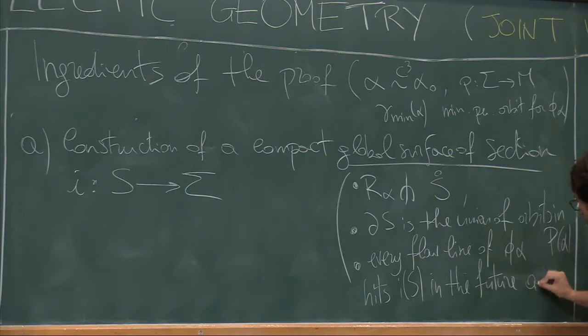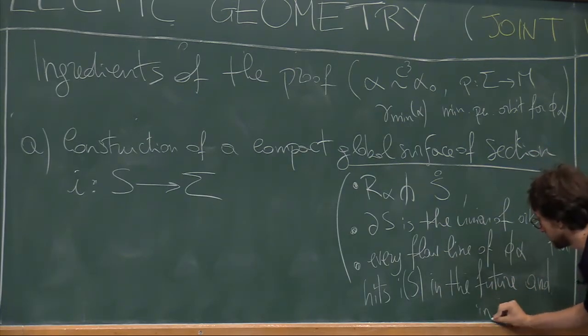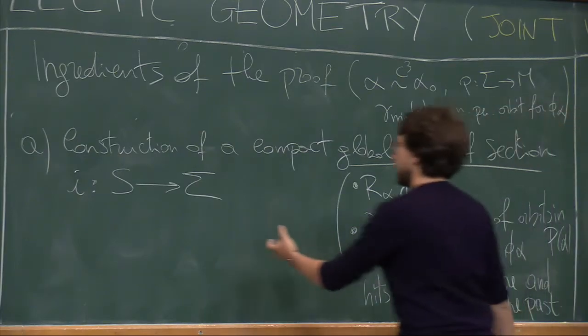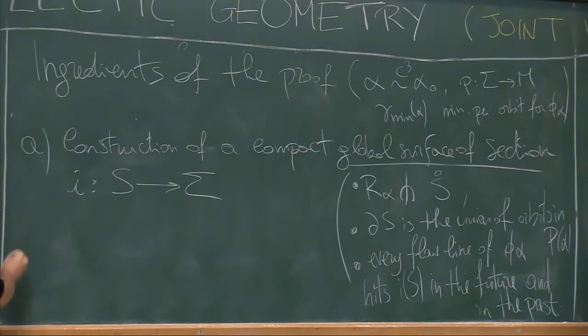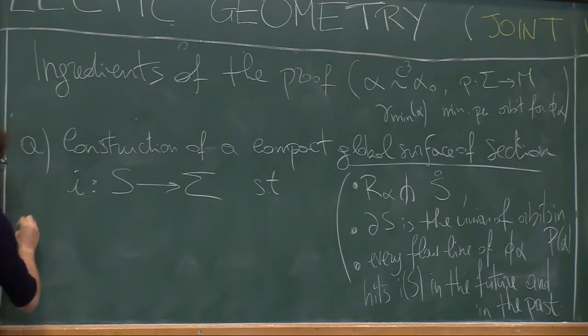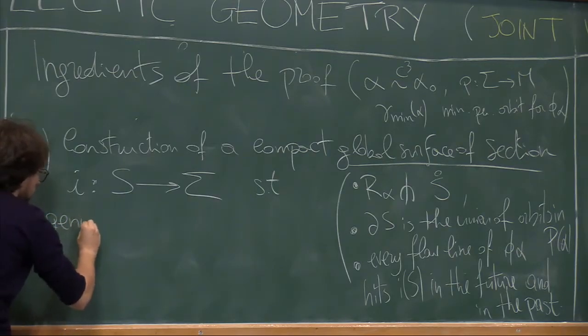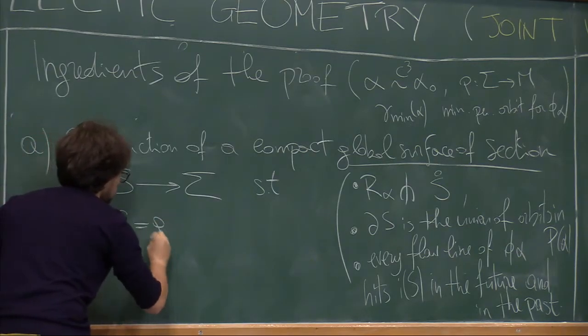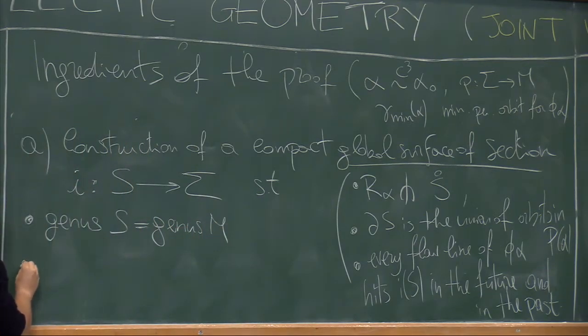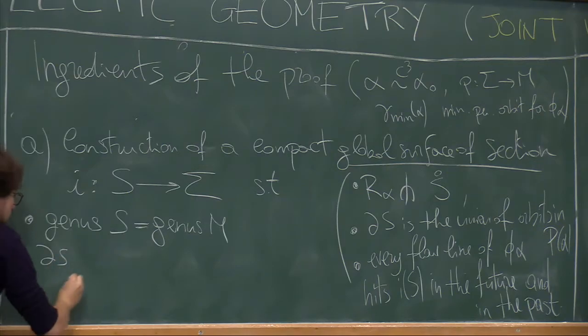Future and in the past. Okay? And then in this case, we can give a really concrete example for this S. So what is this S? The topology of S is the topology of M. So the genus of S is equal to the genus of M, and the boundary of S is connected.